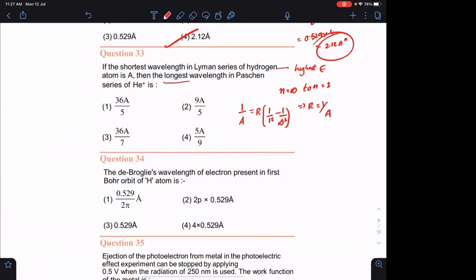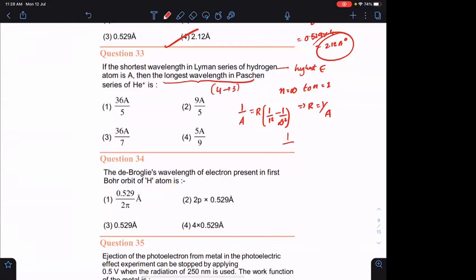Longest wavelength of Paschen. Paschen series matlab kaun sa ho jayega? Longest wavelength matlab lowest amount of energy in Paschen series. Lyman series, Balmer series, uske baad Paschen hi aayega. Yes. So the transition is from 4 to 3. Longest wavelength matlab 4 to 3. Any doubt, anyone?